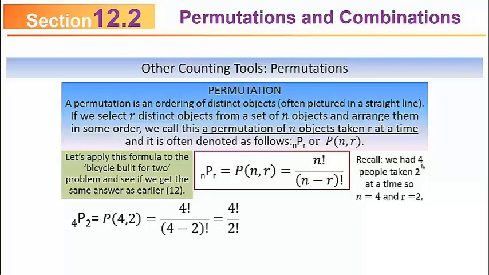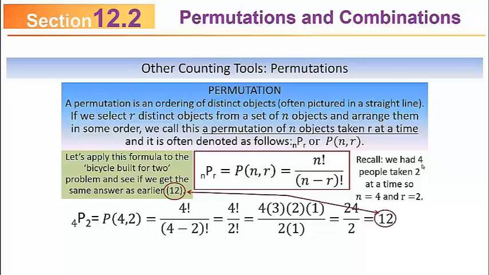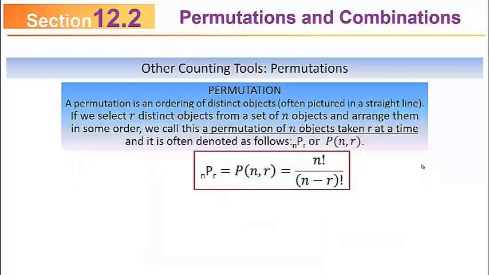Well, 4 factorial over 4 minus 2 factorial is 4 factorial over 2 factorial. 4 factorial is 4 times 3 times 2 times 1. 2 factorial is 2 times 1. That's 24 over 2, which is 12. Gives us exactly the same answer we got before. So a very important formula. This is the formula for the permutation of N things taken R at a time.